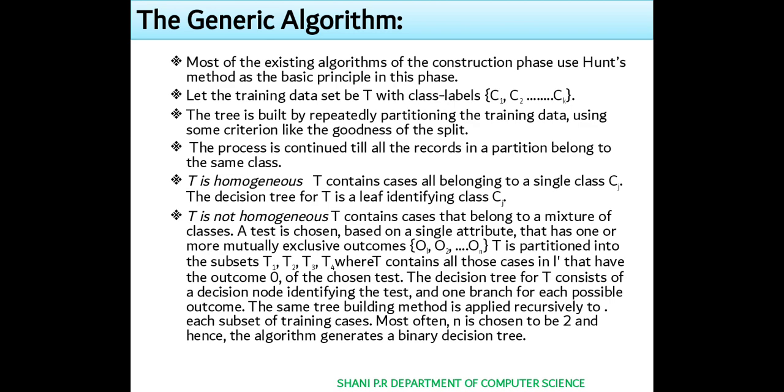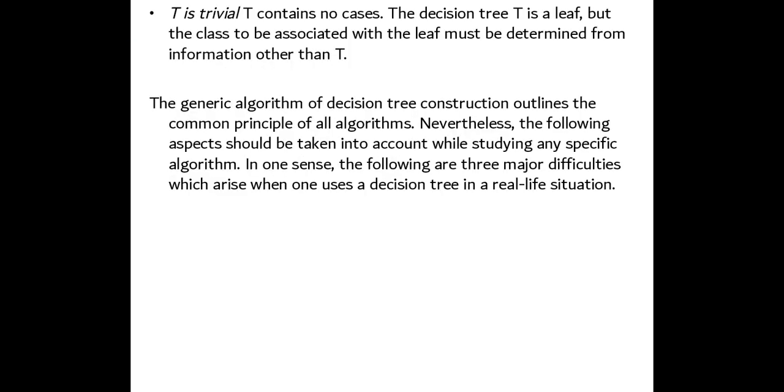Okay, so here T is not homogeneous. The other one is T is trivial. T contains no cases. The decision tree T is a leaf, but the class to be associated with the leaf must be determined from information other than T. The generic algorithm of decision tree construction outlines the common principles of all algorithms. Nevertheless, the following aspects should be taken into account while studying any specific algorithm.